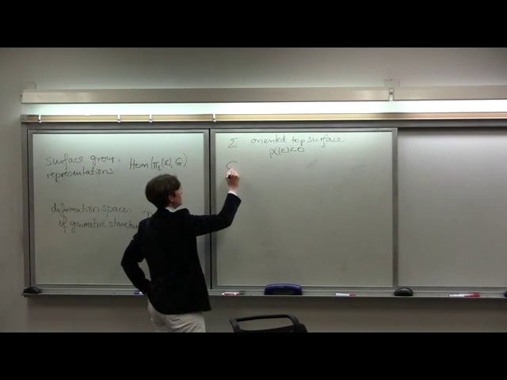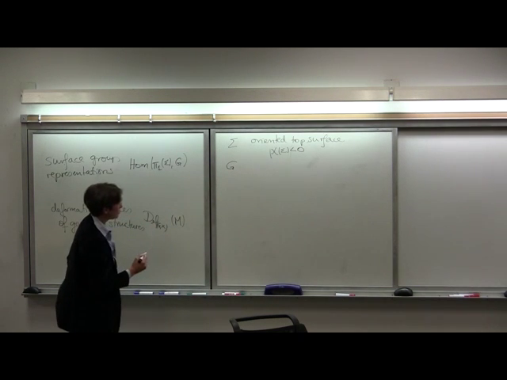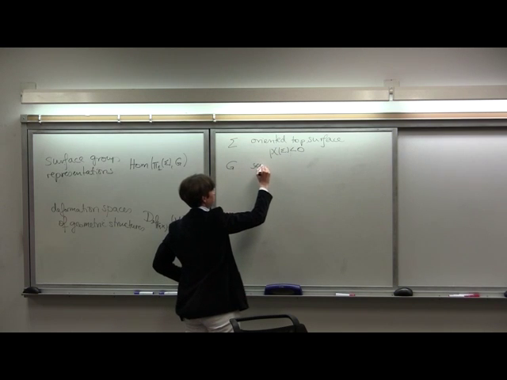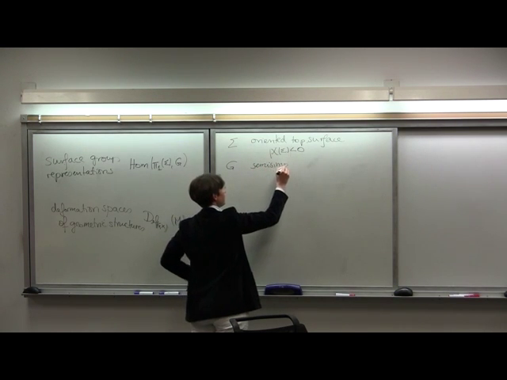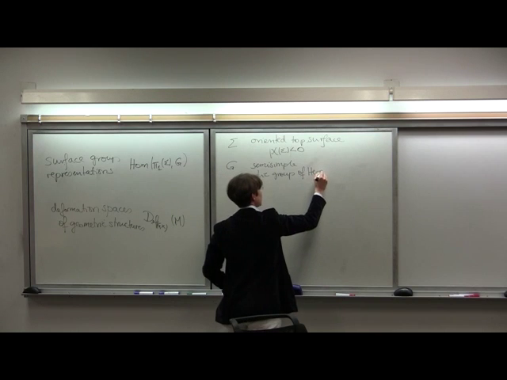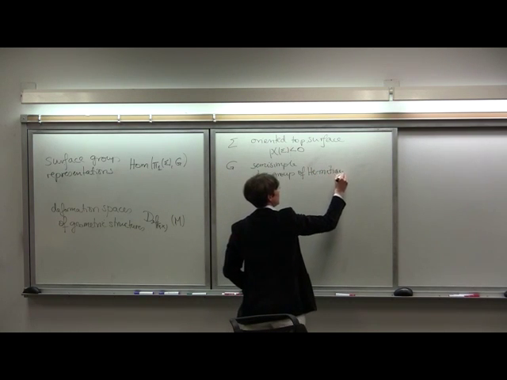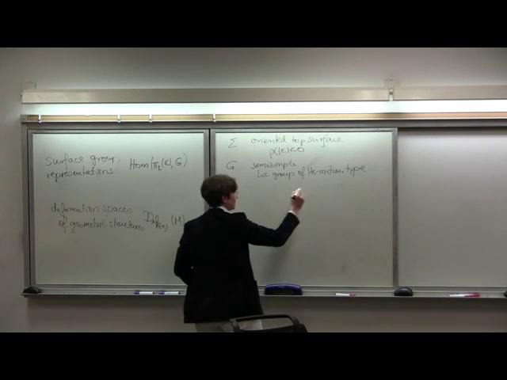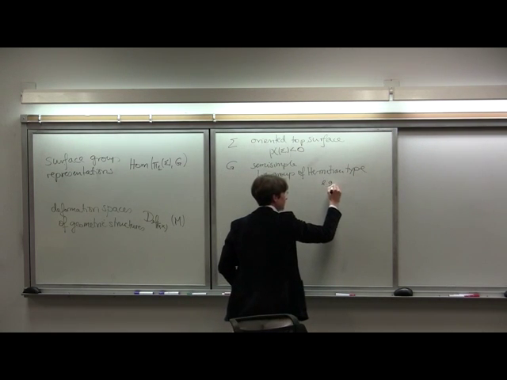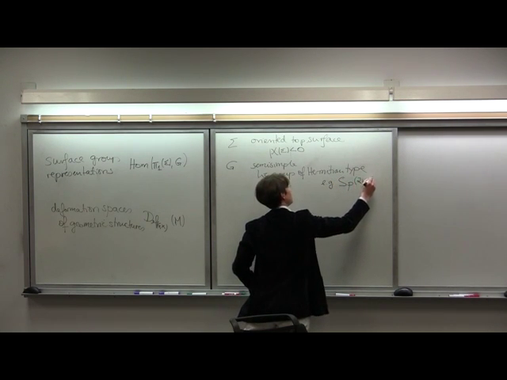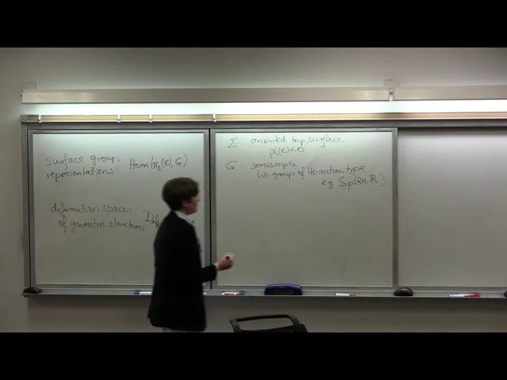And I have G, not just any semi-simple Lie group, but I want to focus on semi-simple Lie groups which are of Hermitian type. And I will a bit later be even more specific and focus on a specific example of such a group, namely the symplectic group Sp(2n,R).